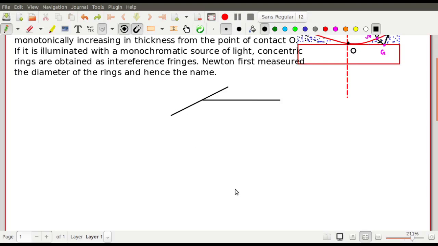So you just go through a book for the arrangement. Now I will go for the theory of it. So here we start our discussion, that is the theory.